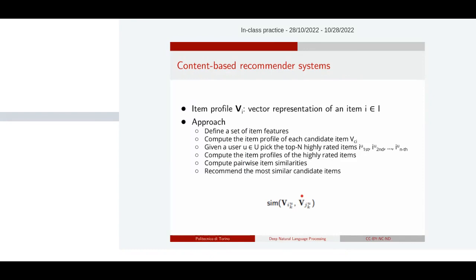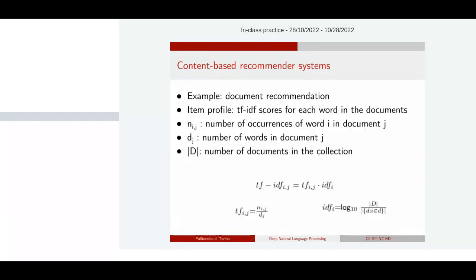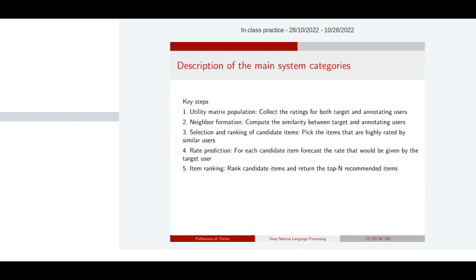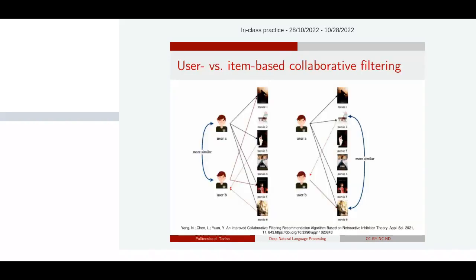So the idea is to compute similarities between items and try to recommend the most similar candidate items. I want to show you a picture here. Let me take the picture here.